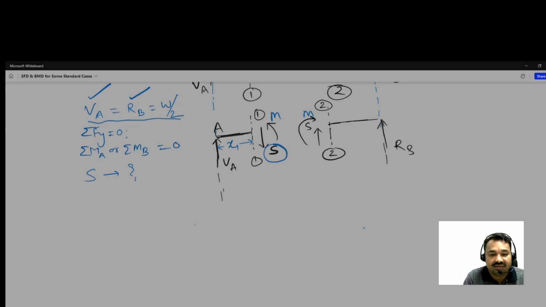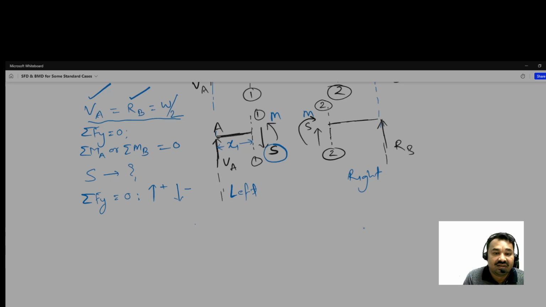The same static equilibrium condition we are going to apply, and see the left side. This is the left side, left hand side, and then what you get, VA. Now here you have to remember the sign convention. In the sign convention, on the left side upward we take positive and downward we take negative. And it is left of the section.